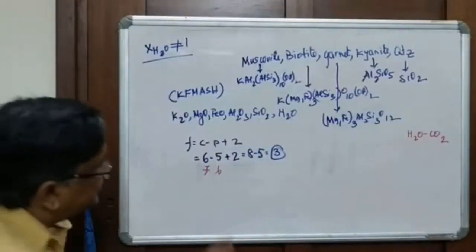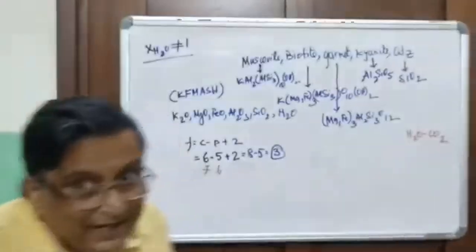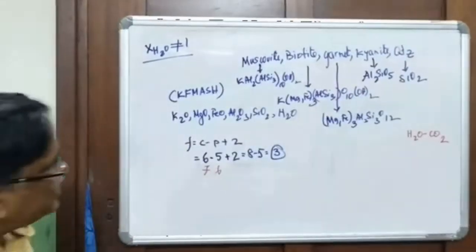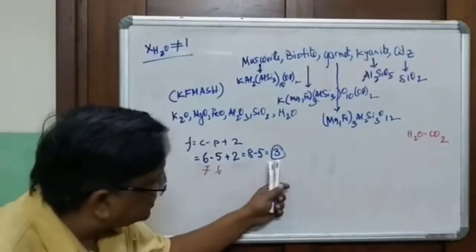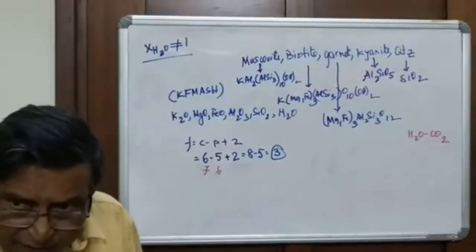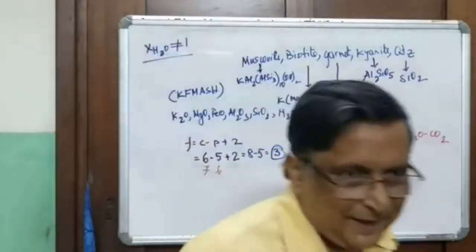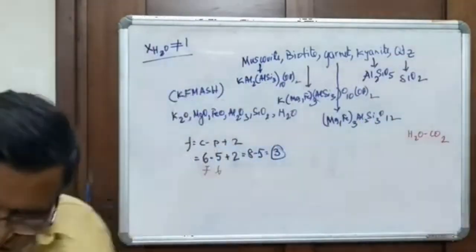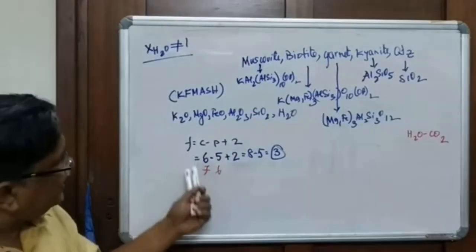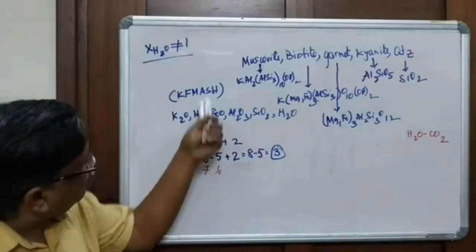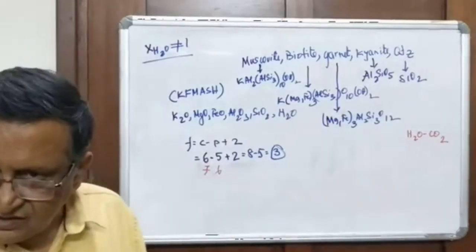Have you understood? It doesn't change. Why is it not changing? Because in the blue part, XH2O is a variable. I have not taken fluid as a phase. When you do this, XH2O is still a variable. So although you have increased components by 1 by adding carbon here, you have also increased the number of phases by adding a fluid phase.